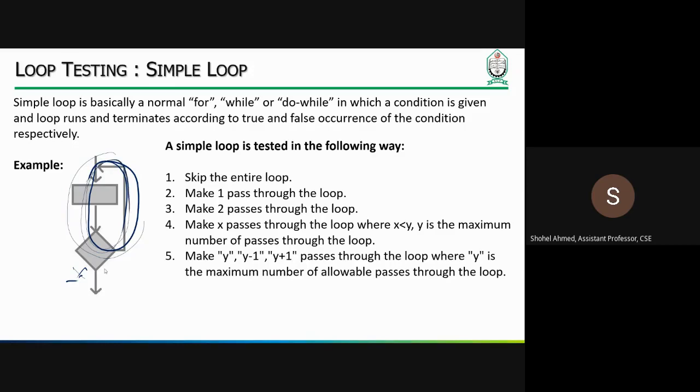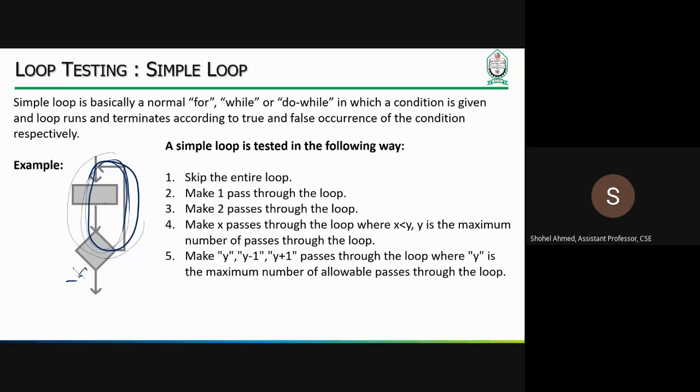Then we will choose some random number in between the min and max. The maximum value of the loop condition, meaning the maximum number of times the loop will run, must be defined. From that definition, we will choose some number less than that. For example, if your max is 100 times, so if you decided to run a loop for 100 times, you can try with 60, you can try with 50.